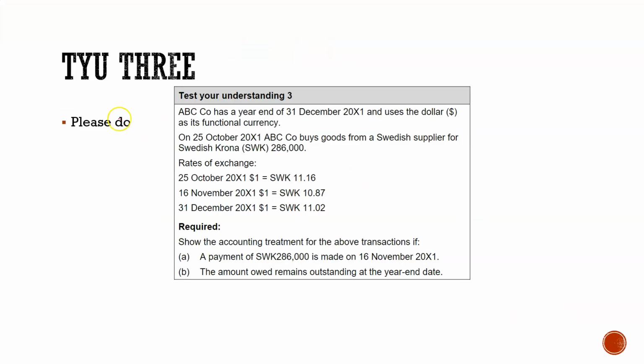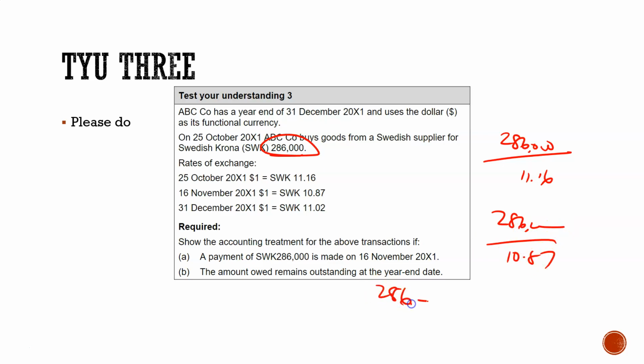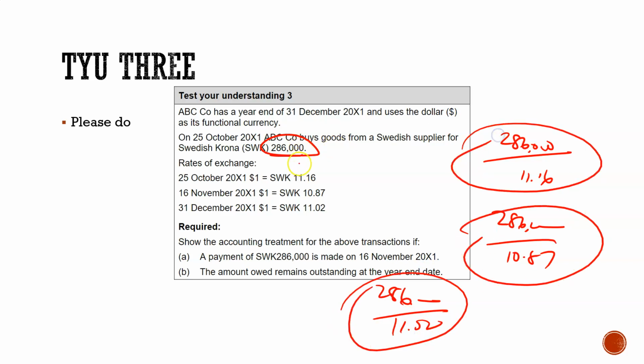So it's saying, ABC had a year end. You bought goods, of course. All I'm doing is converting, dividing 286 by 11.16, 286 by 10.87, 286 by 11.02. I'm just trying to find my dollar amounts. So this is telling you that you bought here, you paid here, or you waited till here, and then you had to look at the movements.